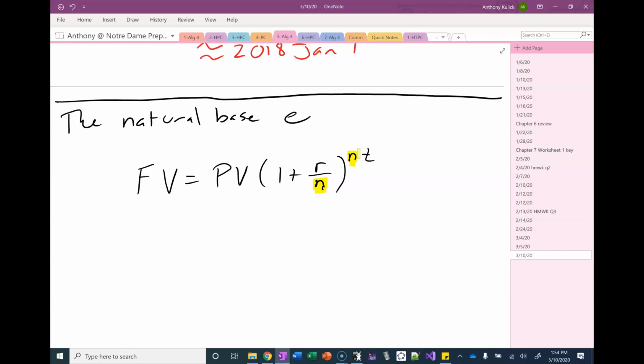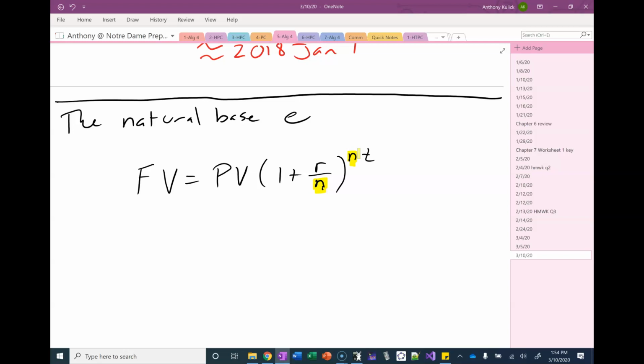Okay? So let's imagine that we're describing like the weight of a baby changing over time. So how often is a baby's weight changing? Often, every day. I'd say even more often than that.